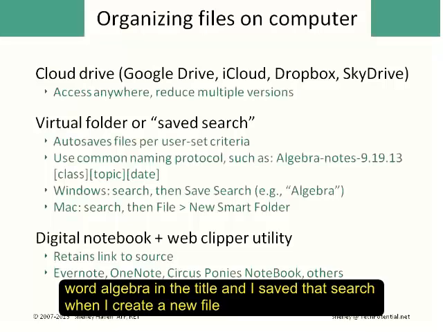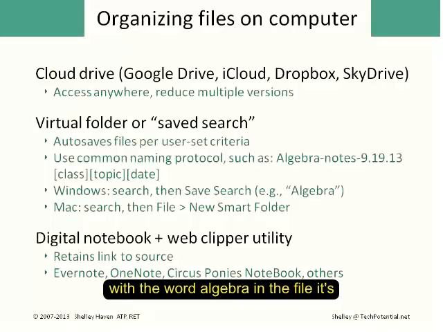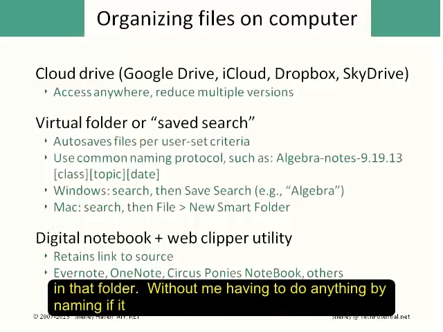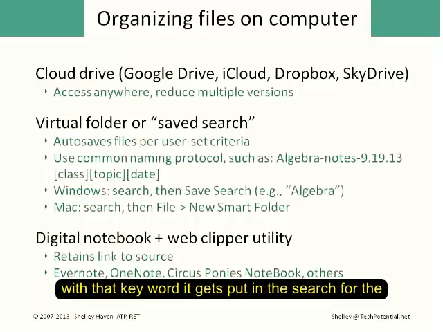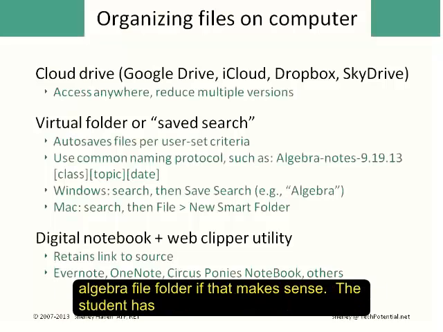For instance, if I do a search for all files with the word algebra in the title, and I save that search, then when I create a new file that has the word algebra in the title, it immediately gets put into that folder. It's not a real folder, it's called a virtual folder, but without me having to do anything, just by naming it with that keyword, it automatically gets put in the search for algebra files folder, if that makes sense.